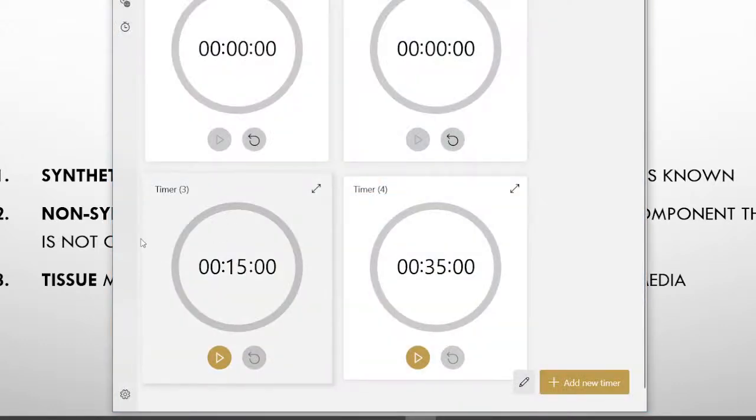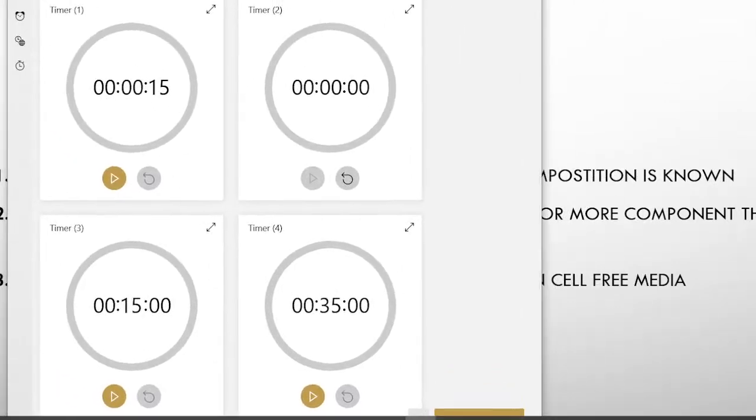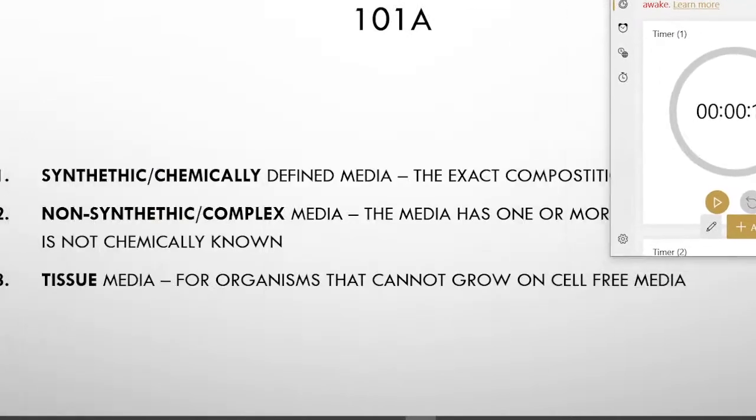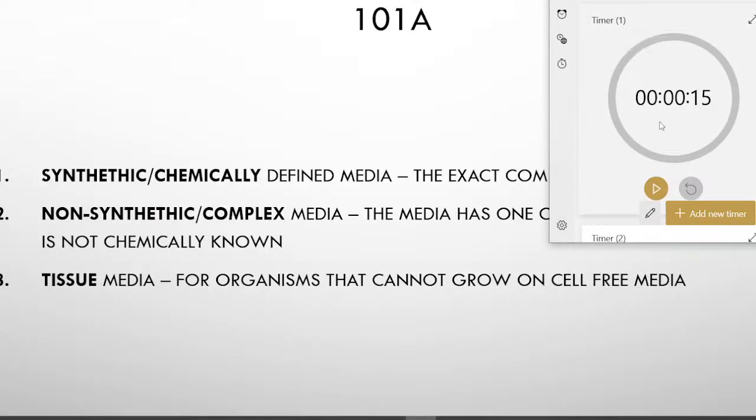All right, 15 seconds on the clock. The question is, give me an example of a tissue medium. This is your clue: these are used for organisms that cannot grow on cell-free medium. You remember how to answer the questions for prized questions? You may begin. Anybody?